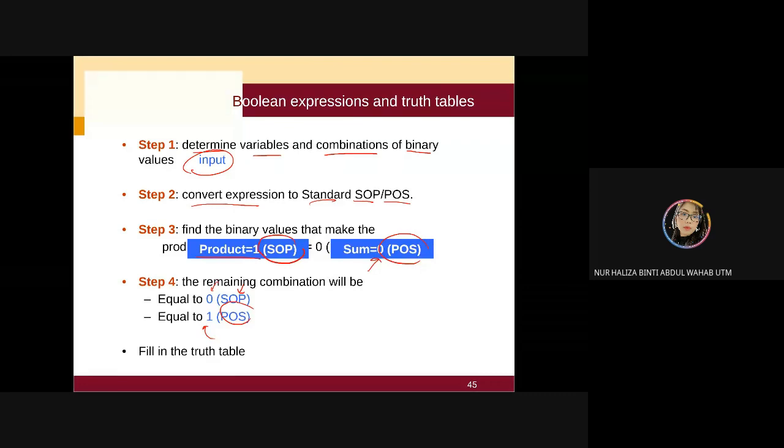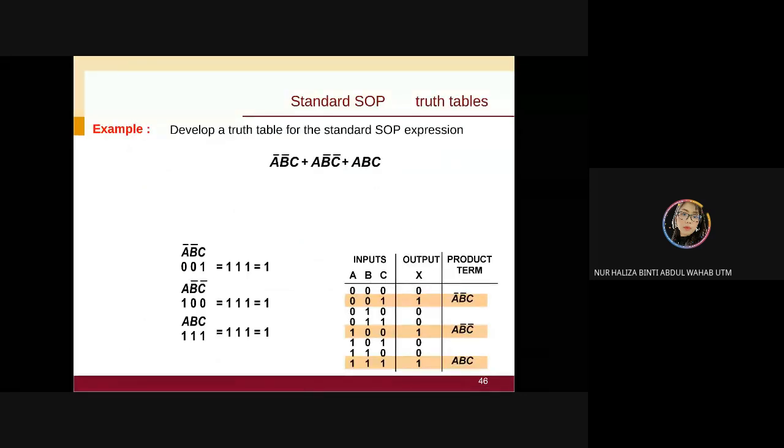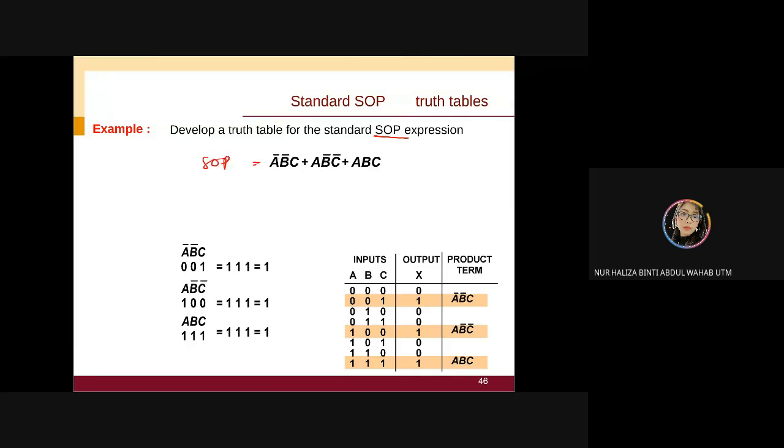Fill in the truth table. This one is step by step. I already showed you. This is SOP. Your output will be 1 for this scenario, which is 0, 0, 1, 0. Sorry. 1, 0, 0, 1, 1, 1.